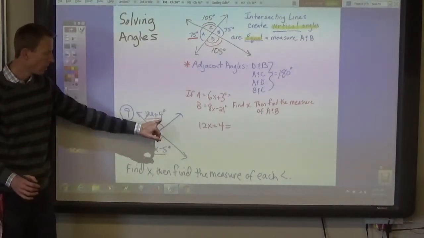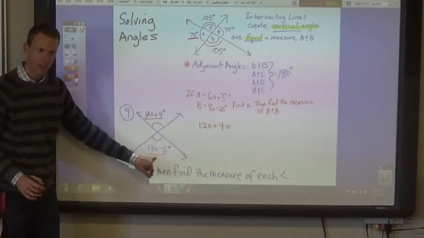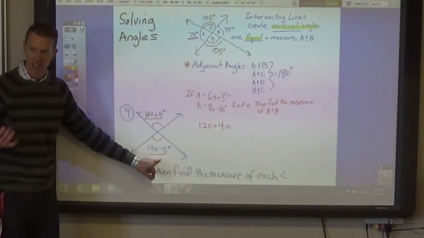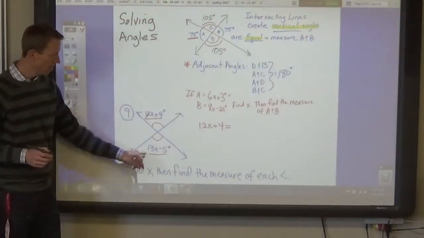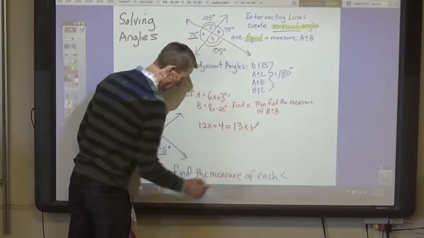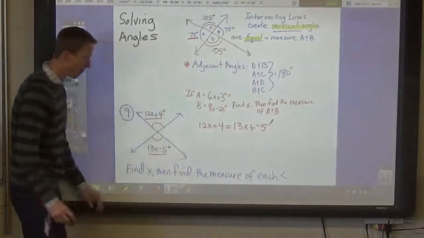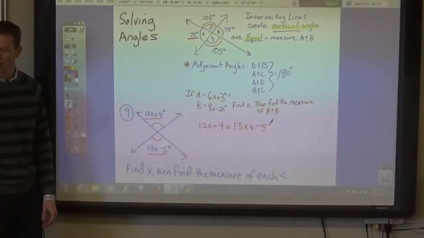So 12x plus 4 is equal to, look, come on, read it. Talk to me. Right, 13x plus negative 5. Good. Now, find the measure of x. Do that now.